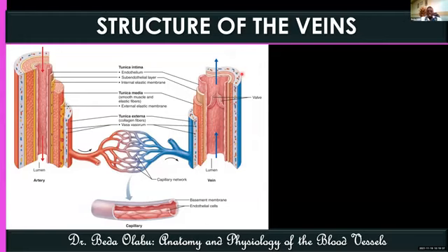Now let's talk about the structure of the veins. The veins have a similar structure to that of arteries: tunica externa or adventitia, tunica media, and tunica intima. The only difference is that for veins, the tunica media is thinner.